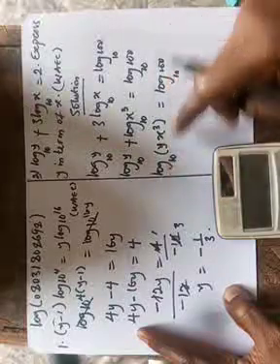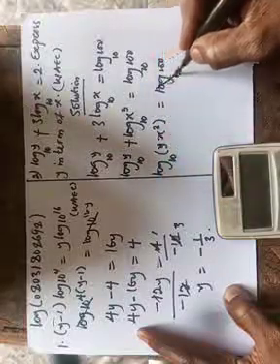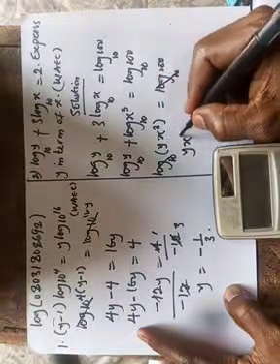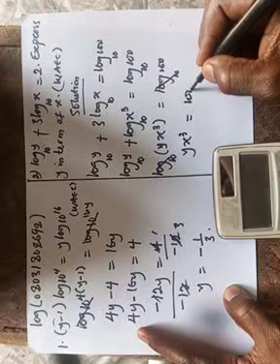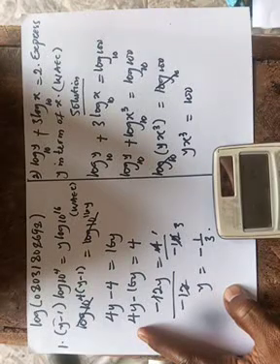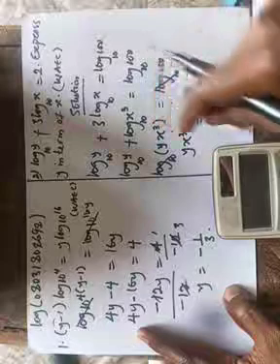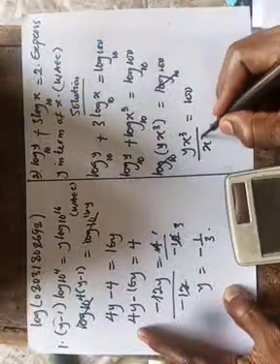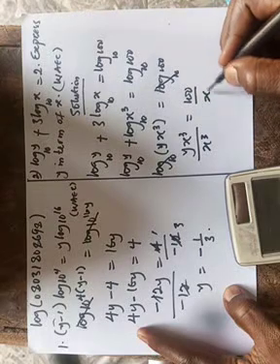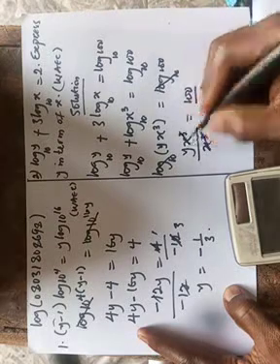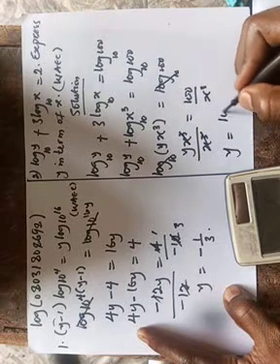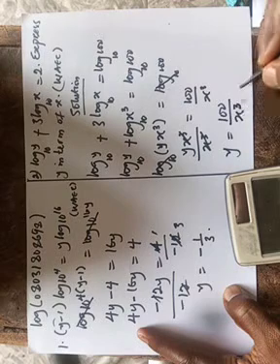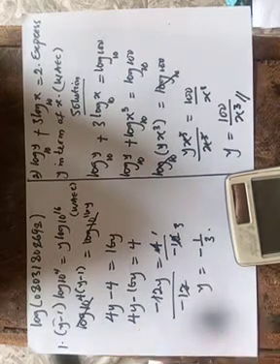So we'll have y x cubed equals 100. Now the question says y in terms of x, meaning make y the subject of the formula. We divide both sides by x raised to power 3, so y equals 100 over x raised to power 3. That's the answer to this problem.